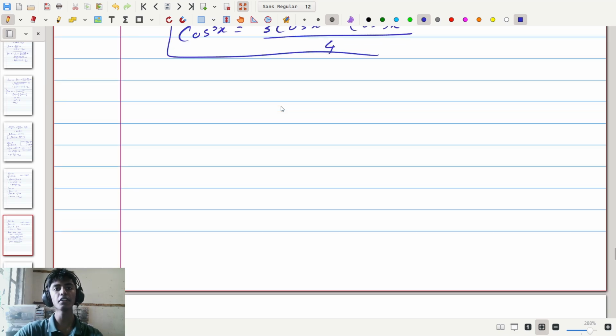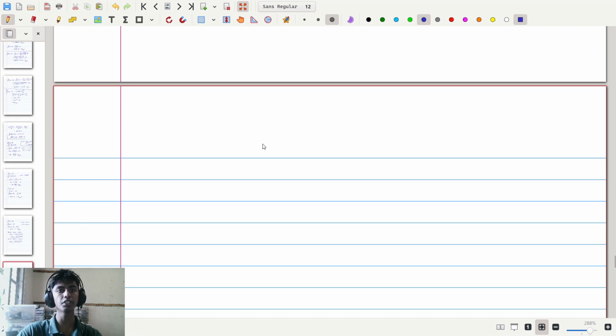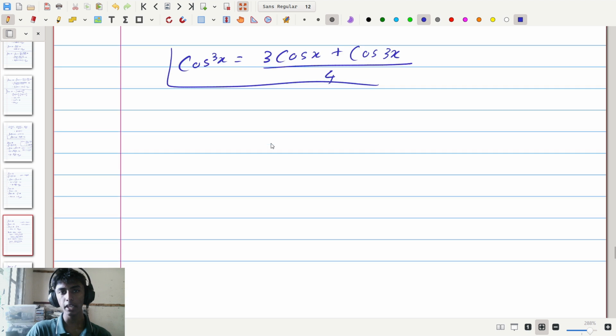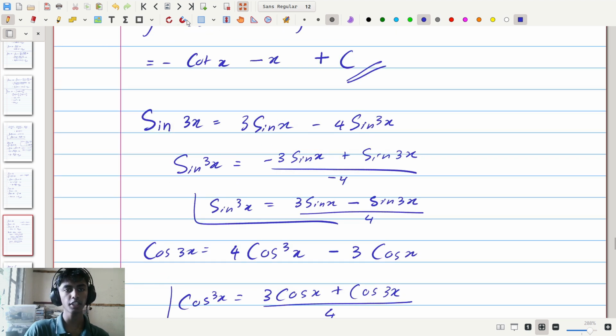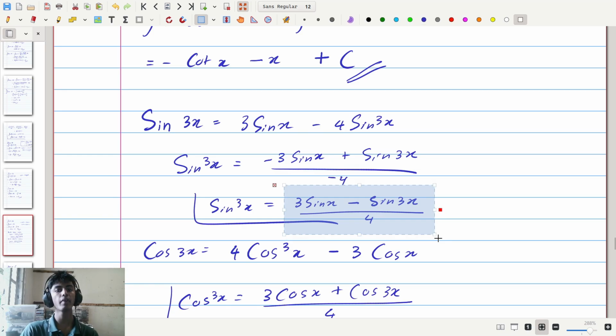So then, let's use these two identities in order to find the integrals of the sin³ of x and cosine³ of x. Starting off, the integral of the sin³ of x with respect to x is going to be equal to the integral of the other expression which is equal to it, 3 sin x minus sin of 3x divided by 4.